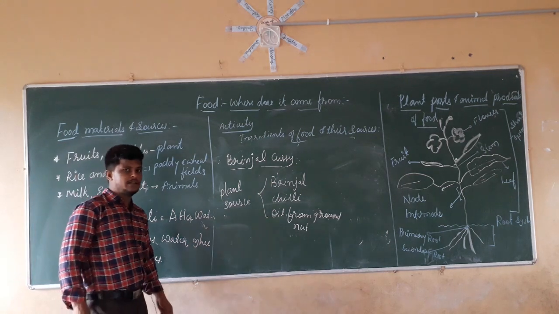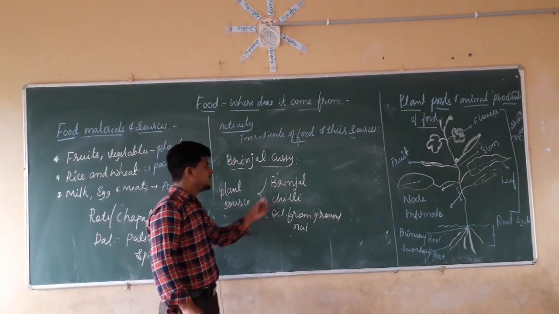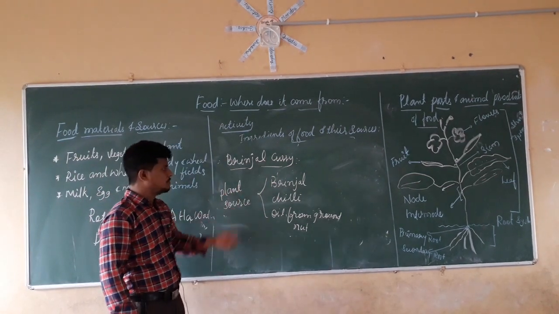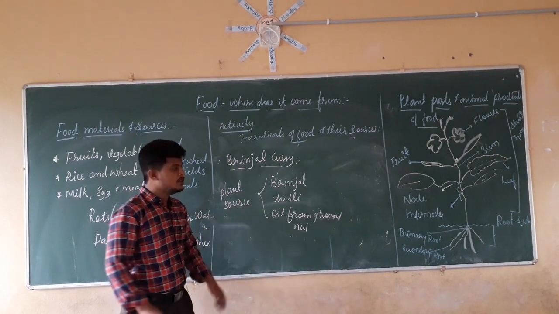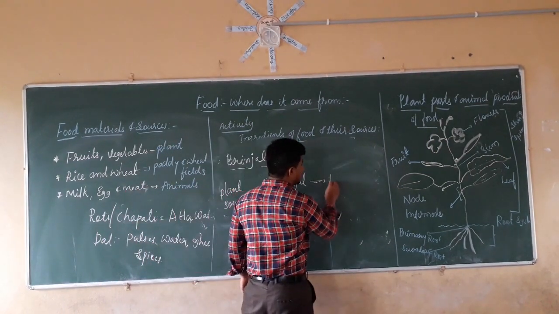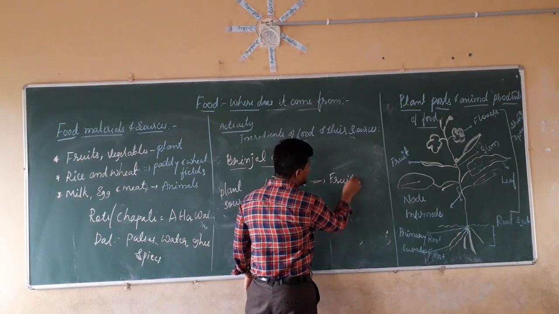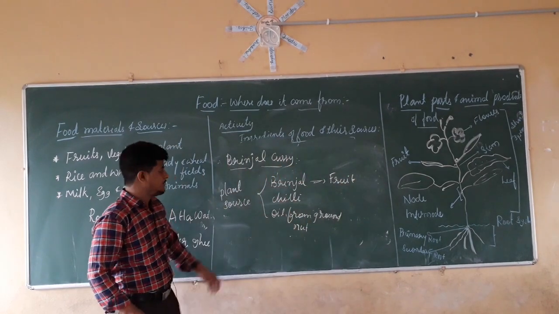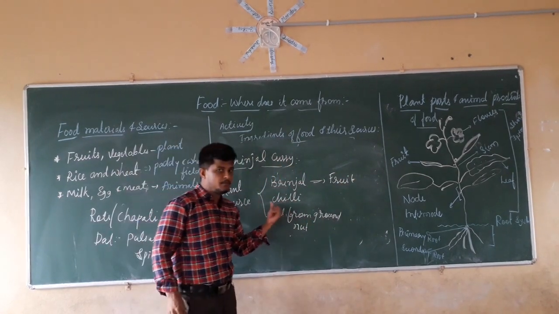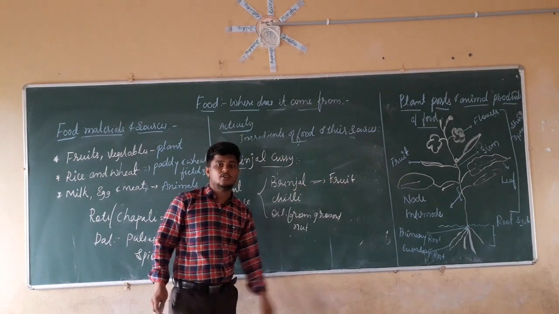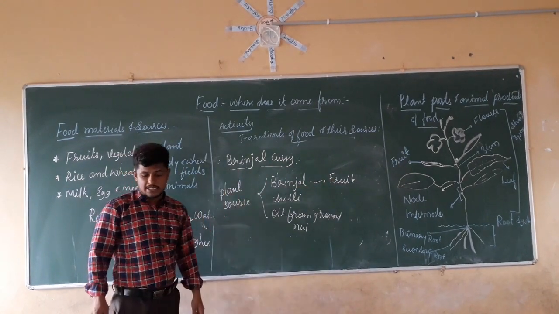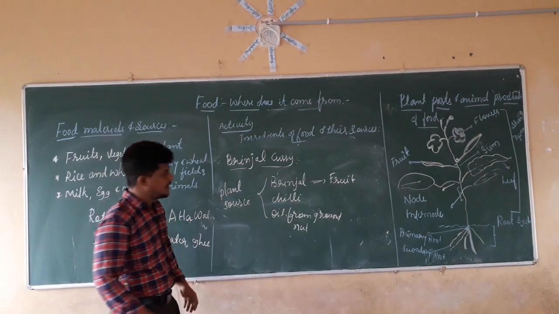In this way you have to make the list. Now what is brinjal? It came from the plant source. Brinjal is nothing but a fruit. It is a part of the plant, and it is the fruit part of the plant. In the same manner, chili is a spice.